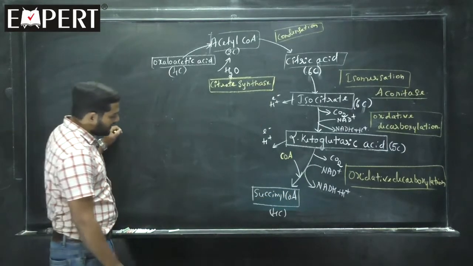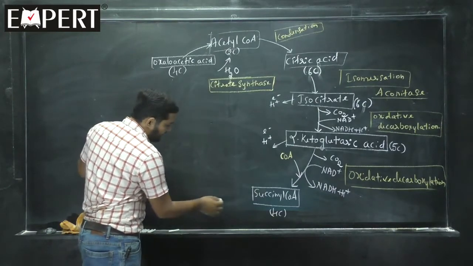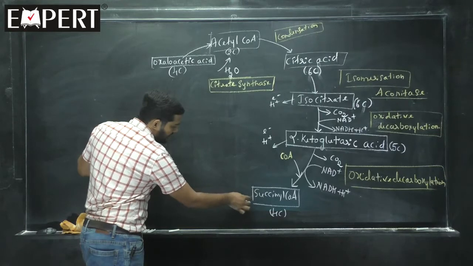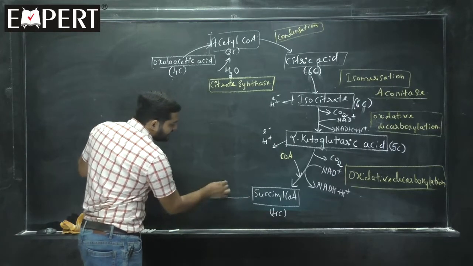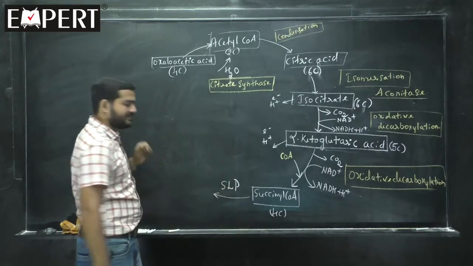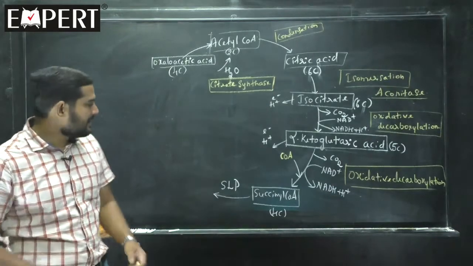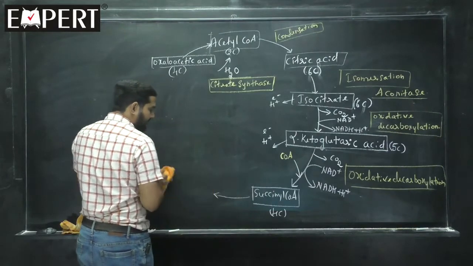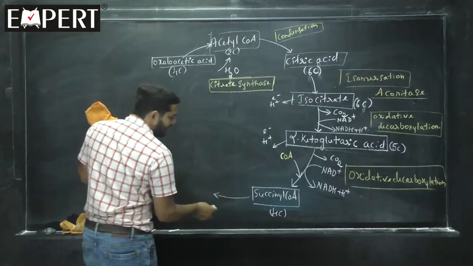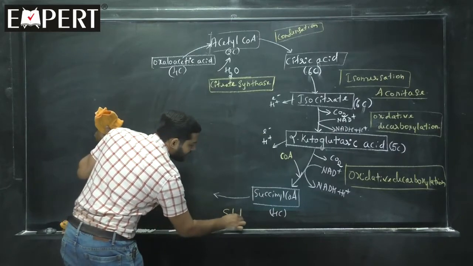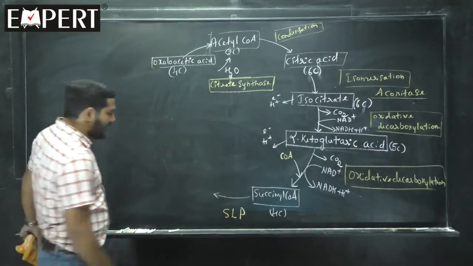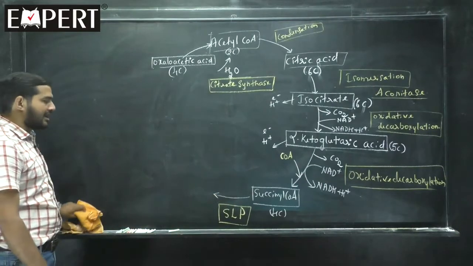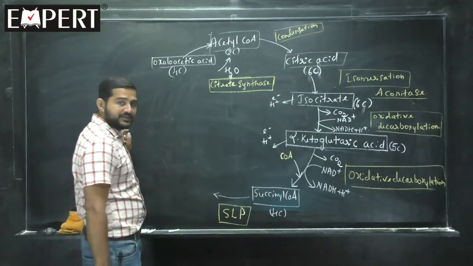Now what happens? Let us understand. The succinyl-CoA undergoes substrate level phosphorylation, SLP. I will use the same color for all the events. It is the only substrate level phosphorylation occurring in the Krebs cycle.